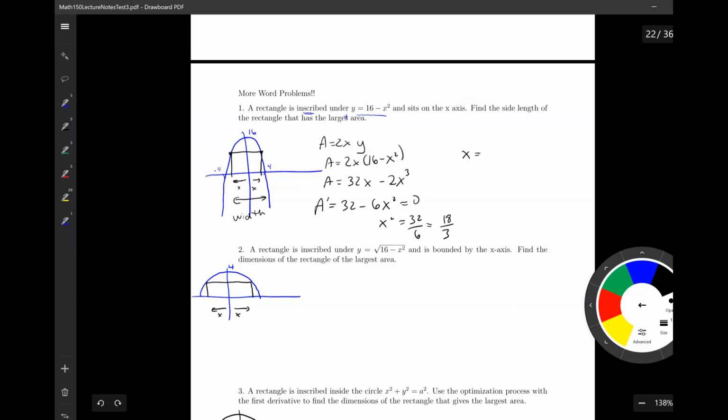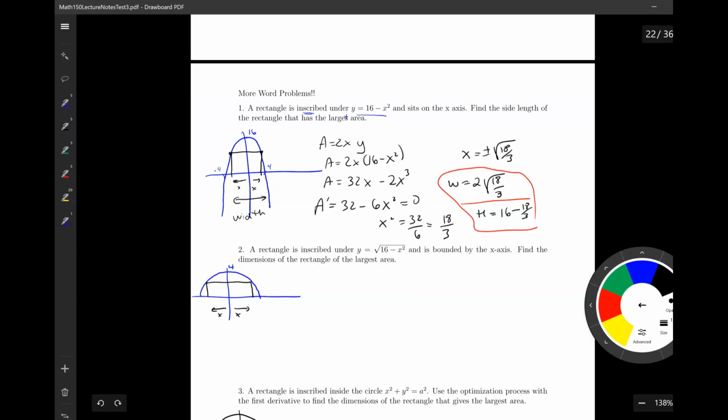So x will equal plus or minus root 18 thirds. So the width of the rectangle will be 2 root 18 thirds, and the height of the rectangle will be 16 minus 18 thirds. So there's the height and the width, the dimensions of the rectangle.